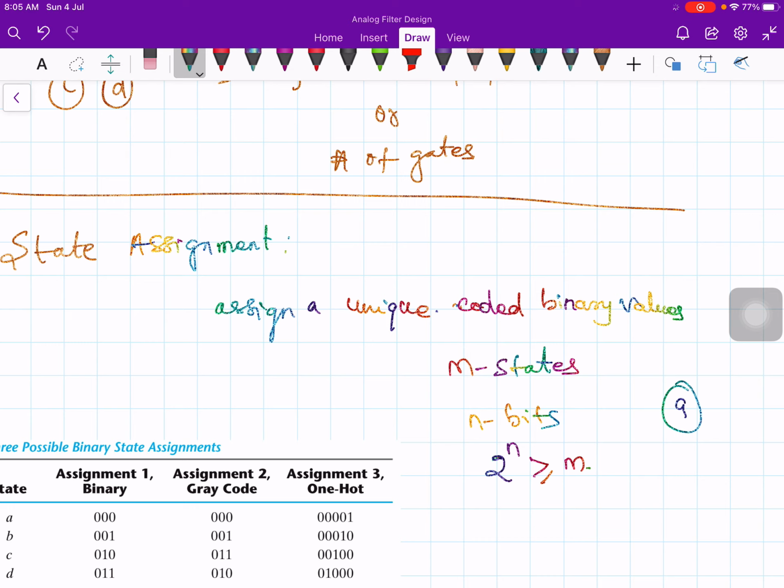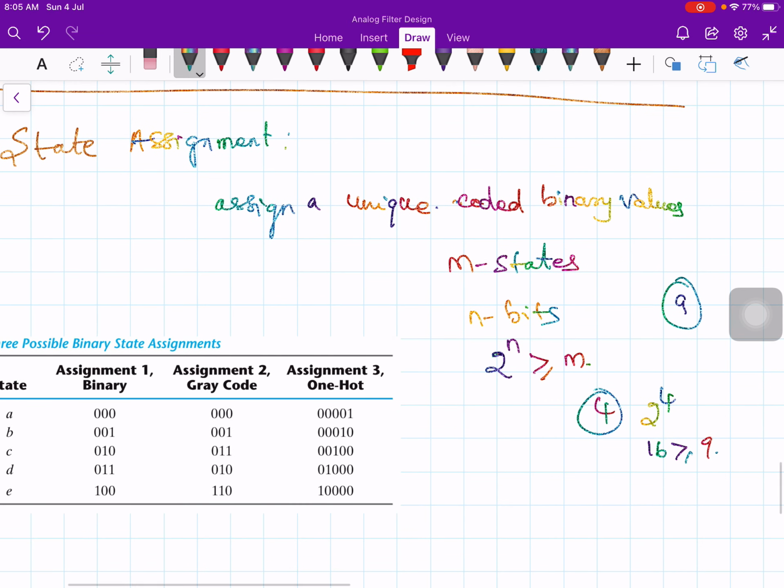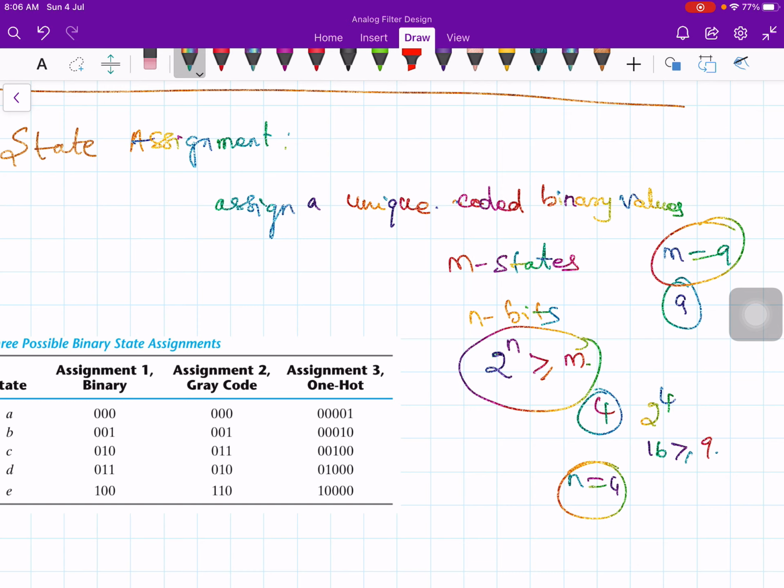That means I can't tell the engineer to design with 3 flip-flops. I need 4 flip-flops because 2 power 4 is 16, and 16 is greater than or equal to 9. Therefore, n must be 4. So, m is 9 and n is 4.